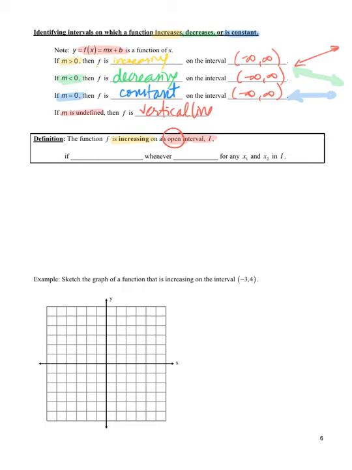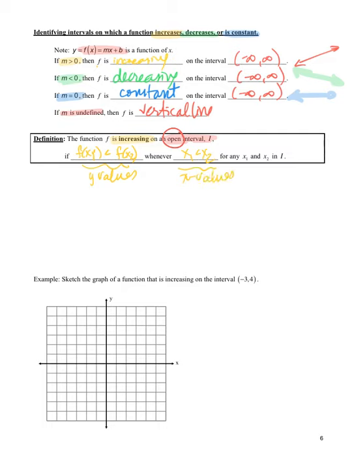The function is said to be increasing on an open interval if f of x1 is less than f of x2 whenever x1 is less than x2 for any x1 and x2 in the open interval. So notice, these are our y values. These are our x values.